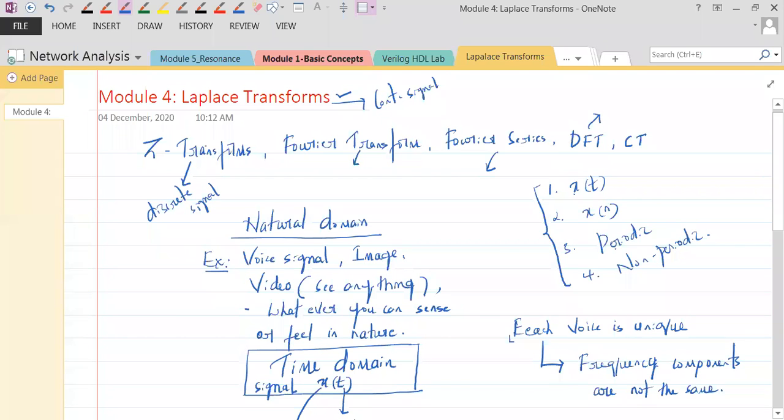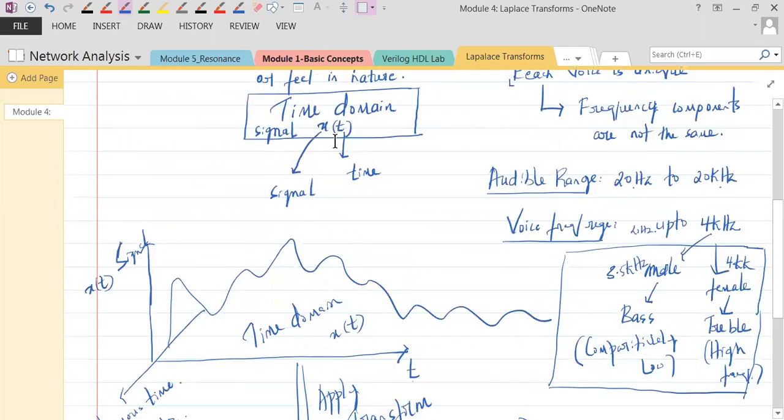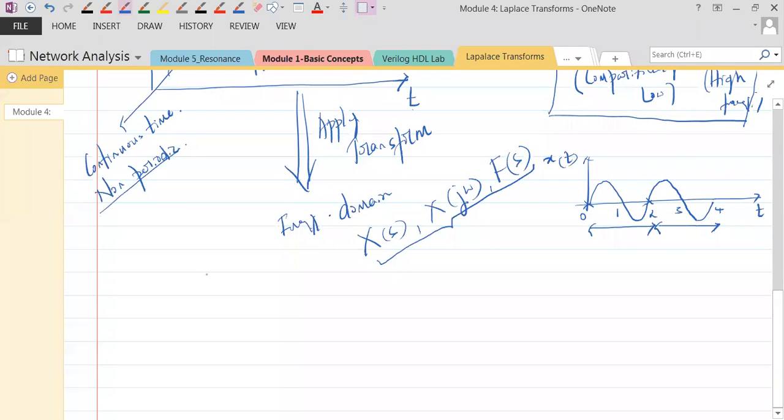So different transforms are used for different signals, but the purpose is what? The purpose is to fetch the frequency information in the signal. That's why these transforms are used to transform a time domain signal into the frequency domain. All the transforms are meant for this. Why?